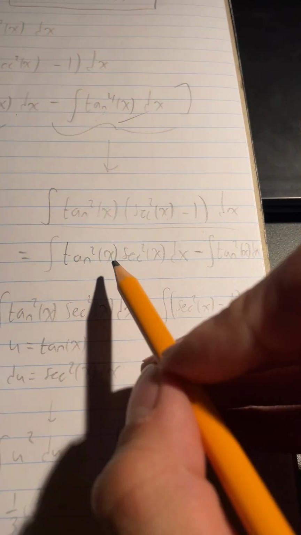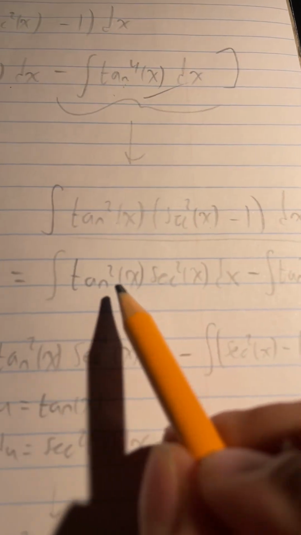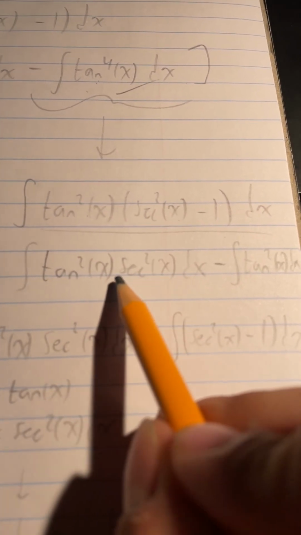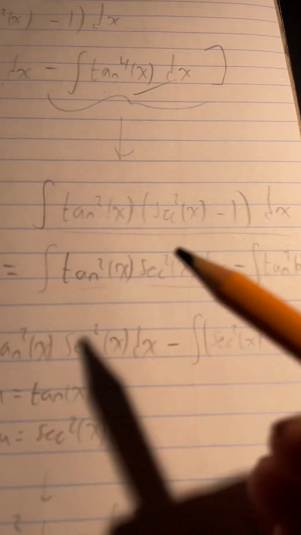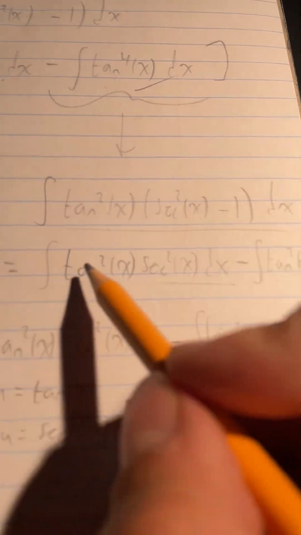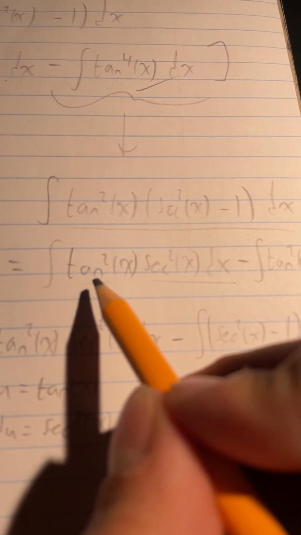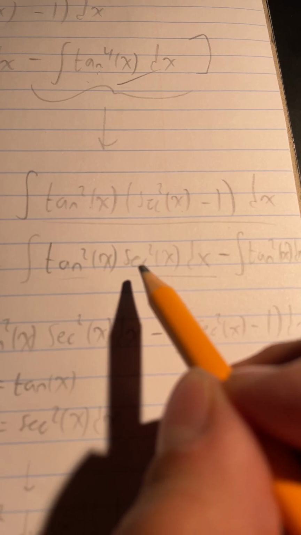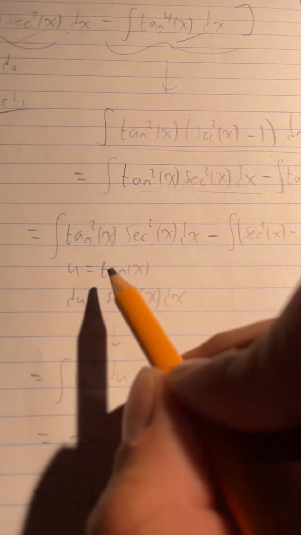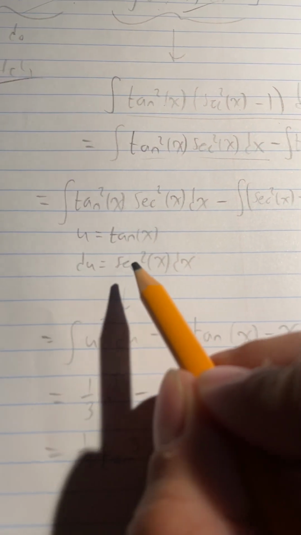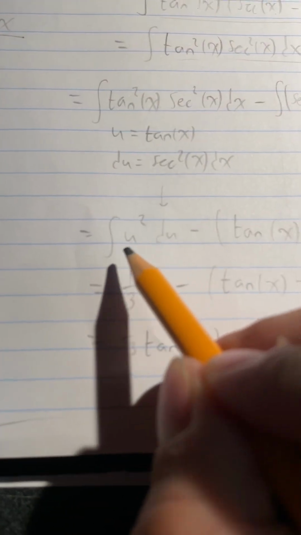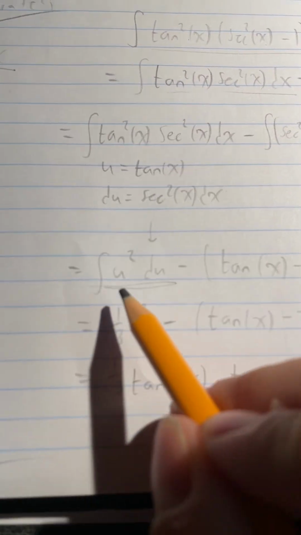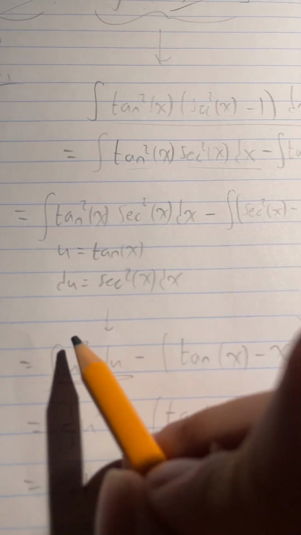And what do we have? This is the same thing: u substitution. We have a secant squared and we have a tangent. That's a good situation. So you set u equals tangent, and then du is secant squared x dx. So now we can convert it into this. That one's good, it's just a u substitution.